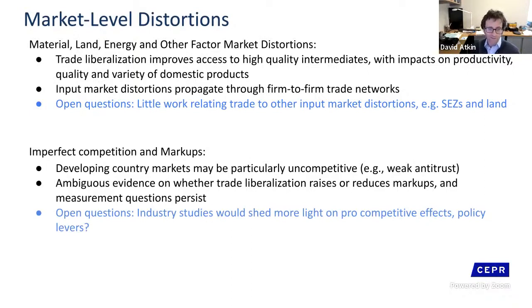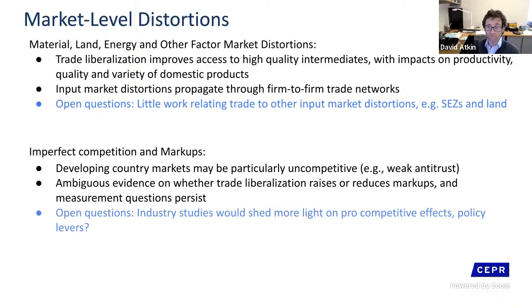While I think materials have been covered quite well in the literature, where there's been almost no work is in the two other very big input markets that we think in developing countries are riddled with distortions, which are land markets and energy markets, with pervasive blackouts, differential pricing across firms, etc. So there we think there's a lot more work to be done.